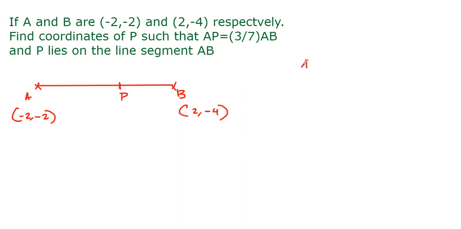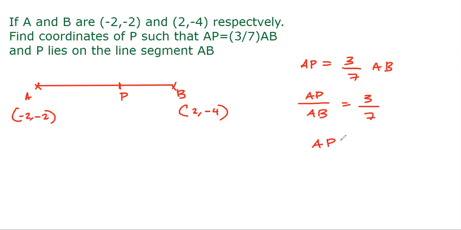Now AP is equal to 3 by 7 AB. This is the relation given here. Or you can take AB to the left hand side and simply write AP by AB is equal to 3 by 7.